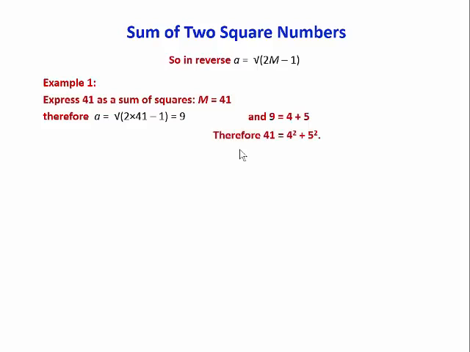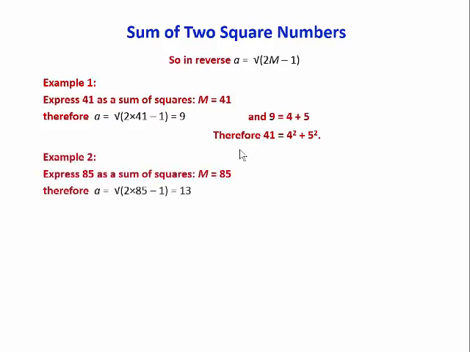So here we've taken a number and we've expressed it as the sum of two squares using this little formula. Here's another example. Express 85 as a sum of squares. So now m is 85, and so in our formula we double it, we get 170, subtract 1 to get 169 and take the square root, which is 13.